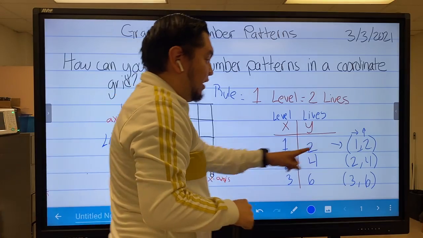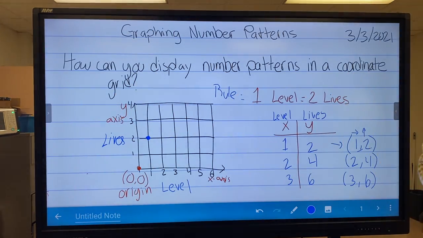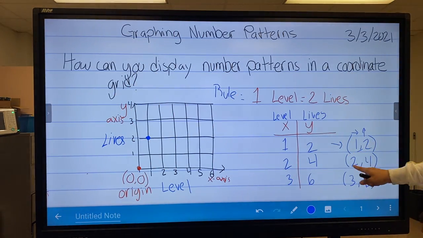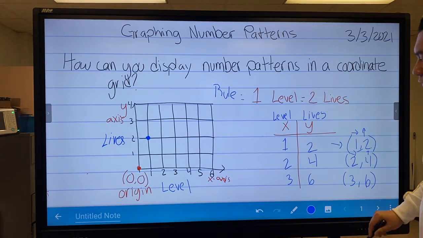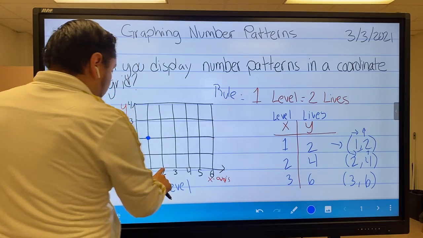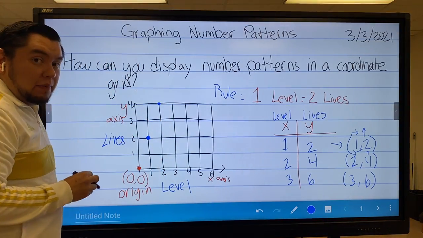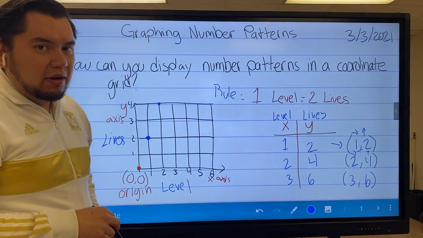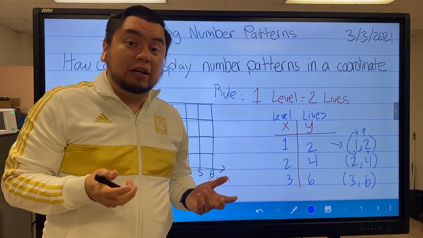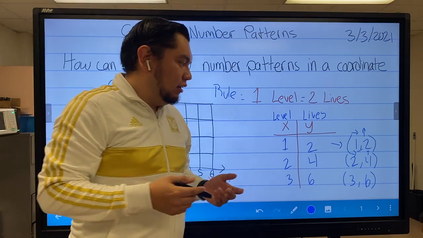This is my first ordered pair. The next one is 2 comma 4. You move 2 to the right and 4 up. And I don't have space, but essentially the pattern would continue, right?